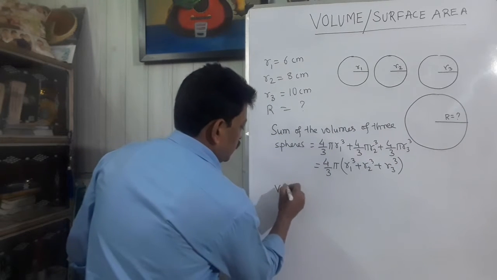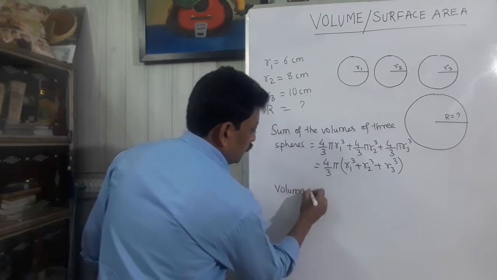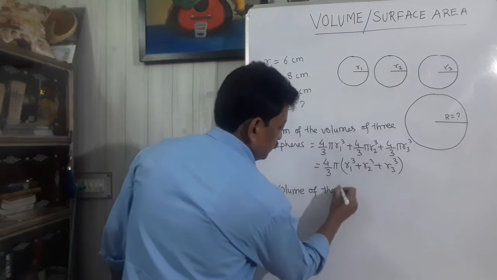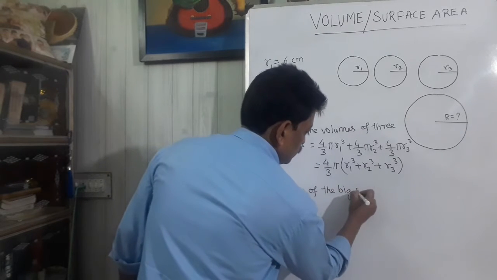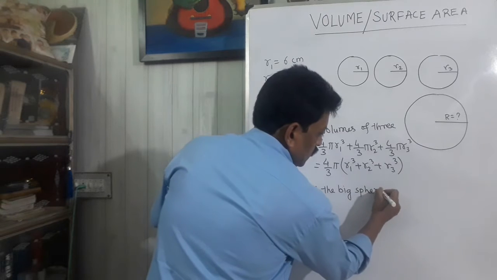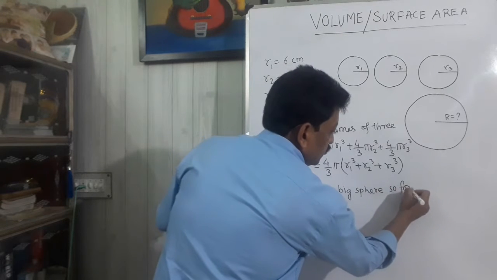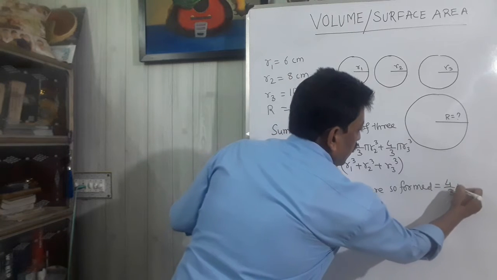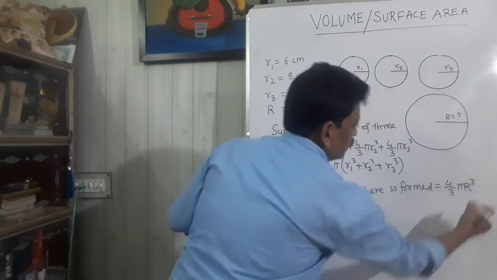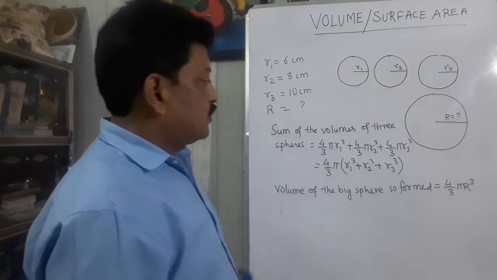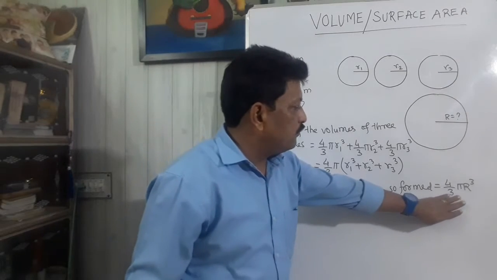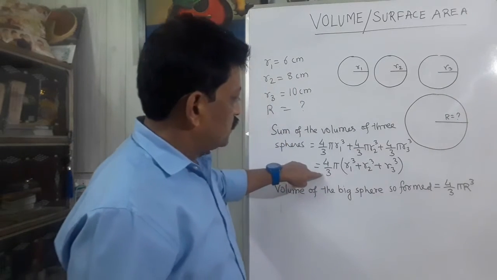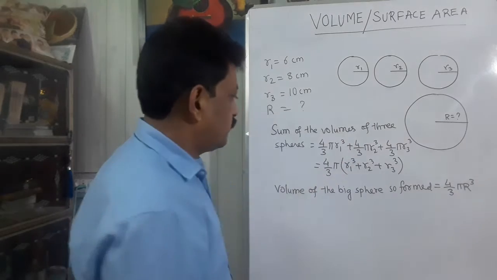So volume of the big sphere so formed equals 4 by 3 pi capital R cube. Now according to the question we can say that the volume of this big sphere is equal to the sum of the volumes of the three small spheres.